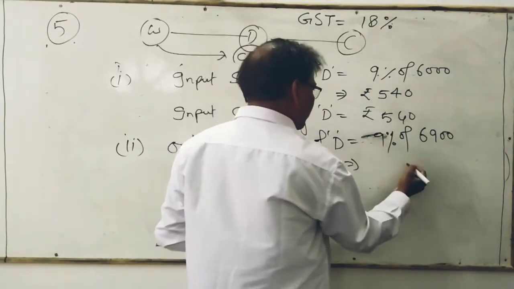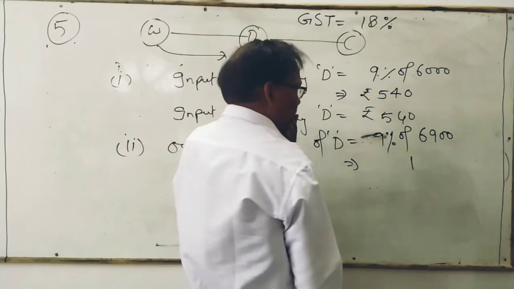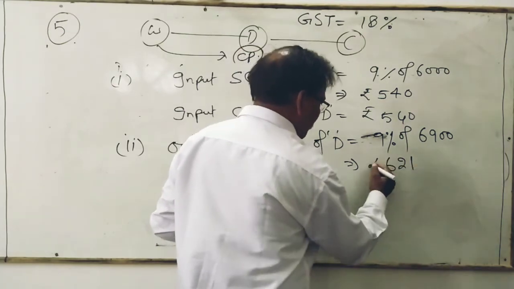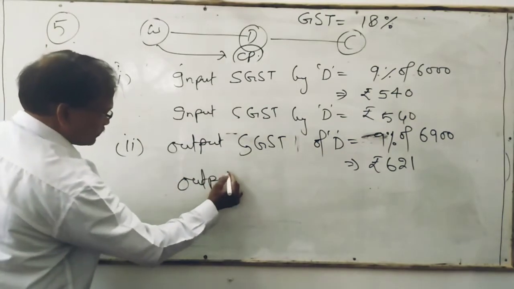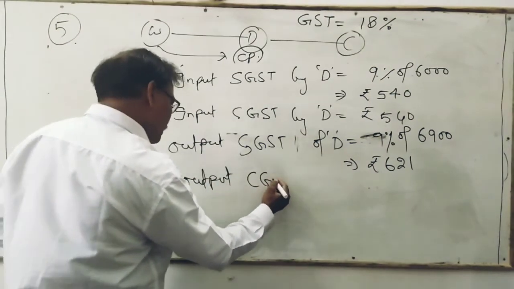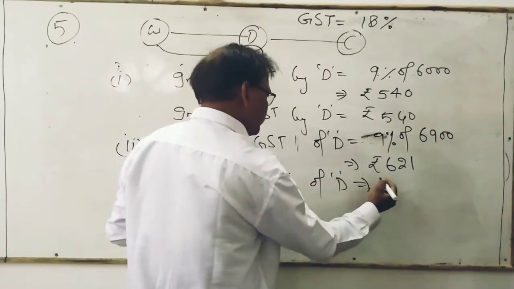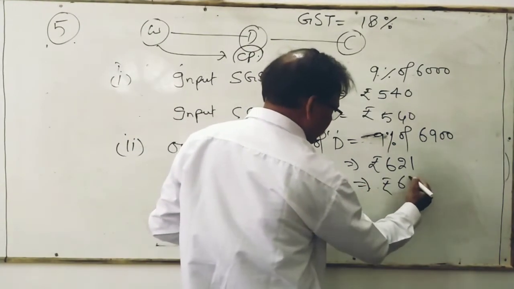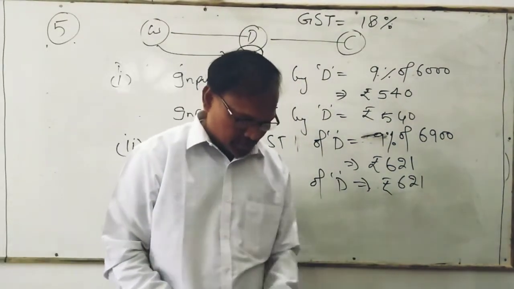So it will be rupees 621. Similarly, output CGST of dealer, again the same rupees 621. This is the second part.